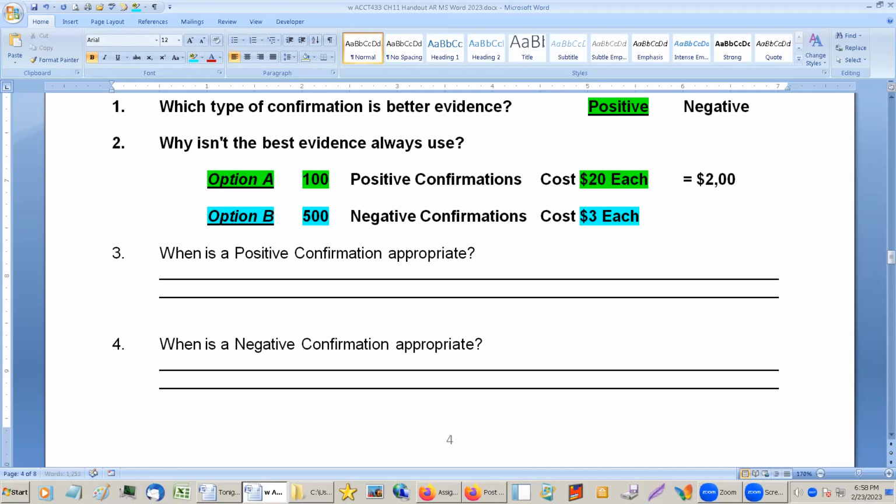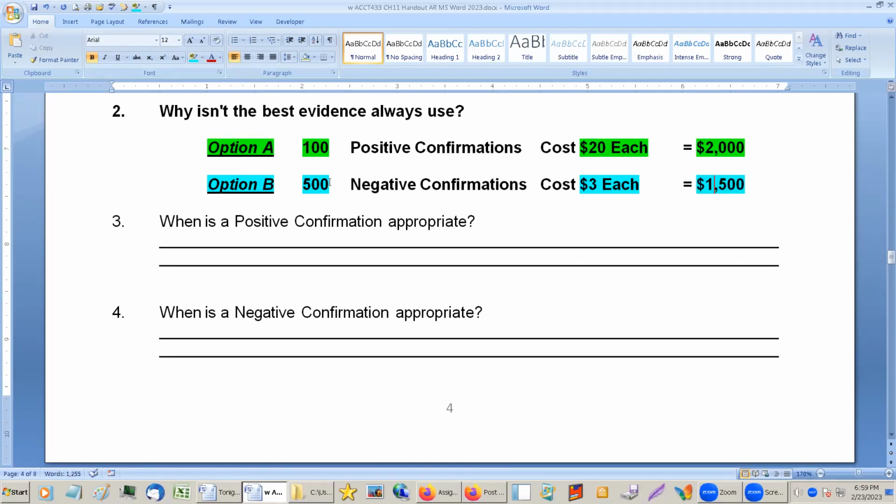And so as auditors, we don't always get the best evidence. Sometimes we get the most efficient evidence. And you might say, well, we should always get the best evidence anyways. Well, you have to remember too, you're spending the client's money. I mean, you're doing the audit and you're billing them based on what the cost is for you.